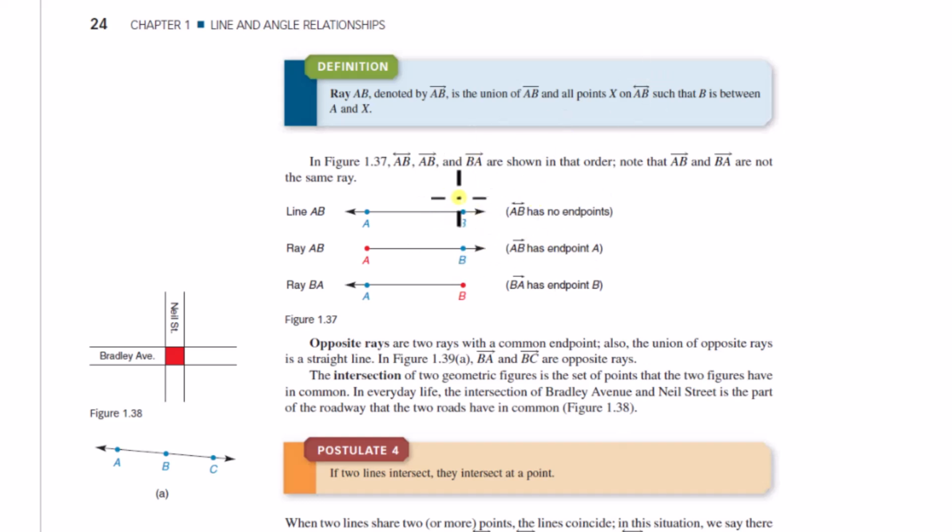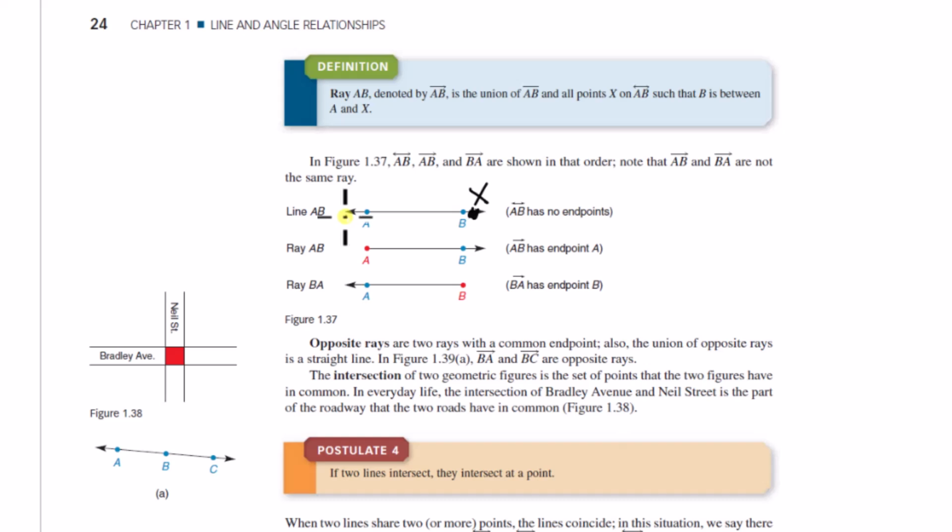So X would be out here. B is always between A and X. So it's the union of all points on segment AB and all points X such that B is between A and X. So any point to the right of B. So the union of all points on segment AB and any point to the right of B, which is an infinite number of points, but nothing else.